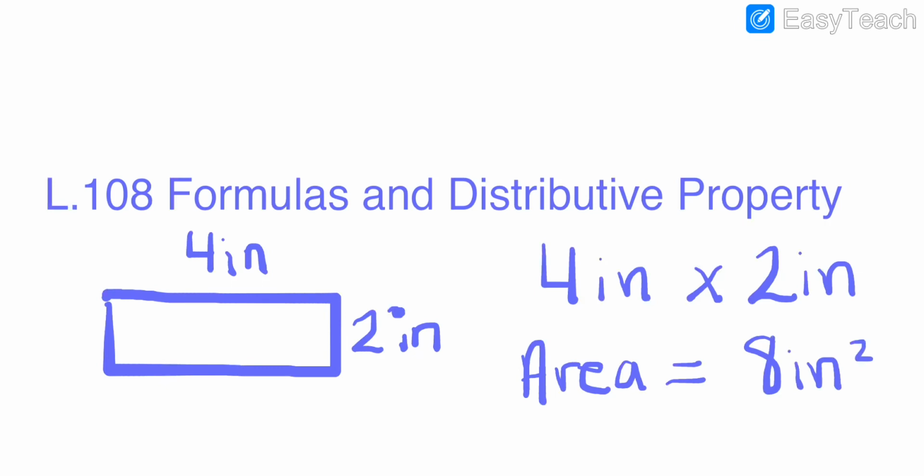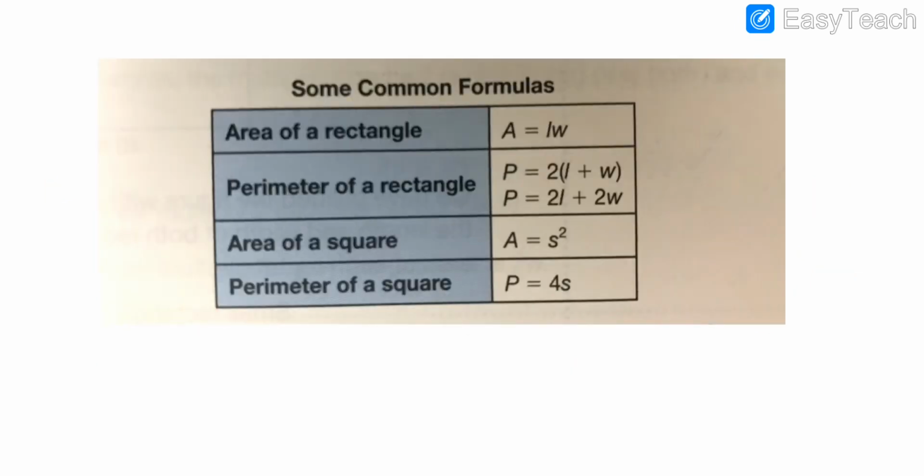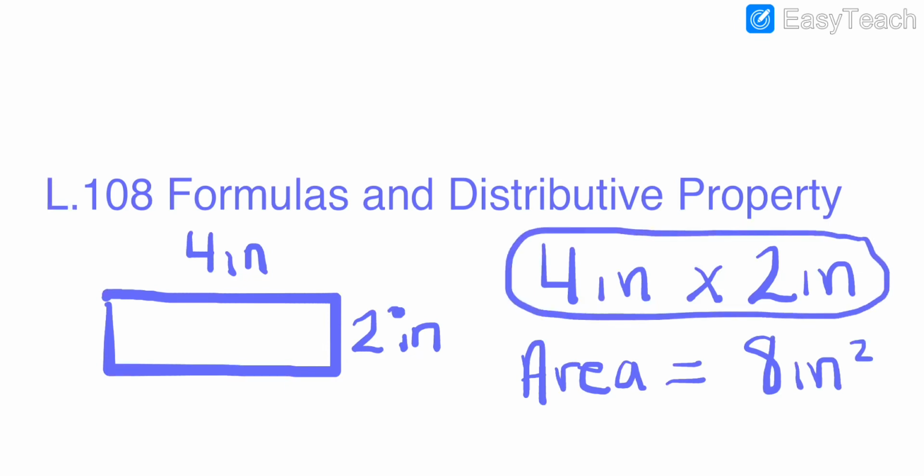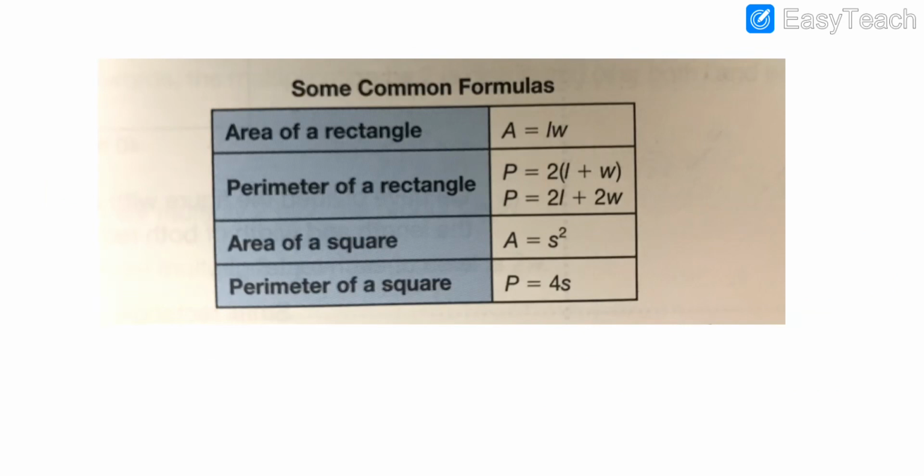Okay? So on the next page, 681, we actually have this chart of common formulas. And formulas are just an example of the expressions, like the expression that I did right here, which was 4 inches times 2 inches, is just in place of the formula for the area of a rectangle.